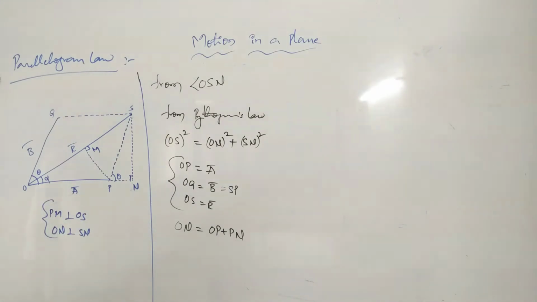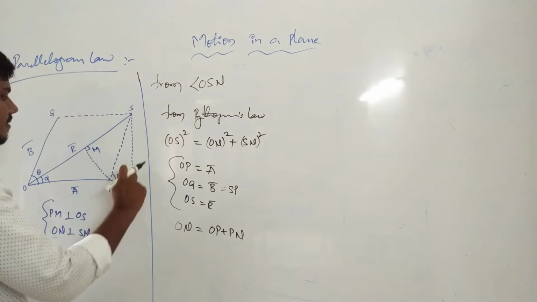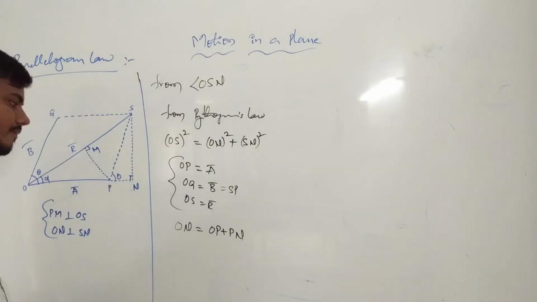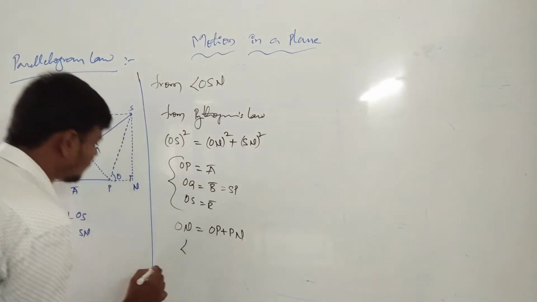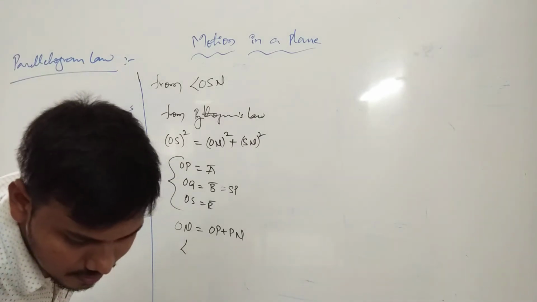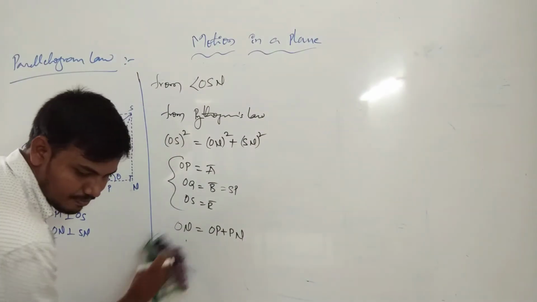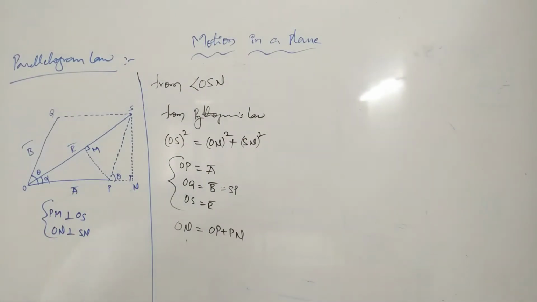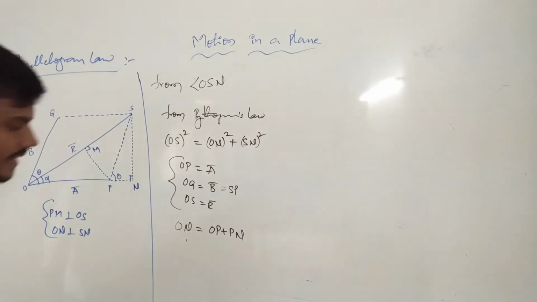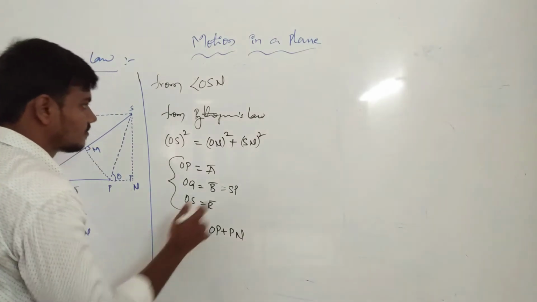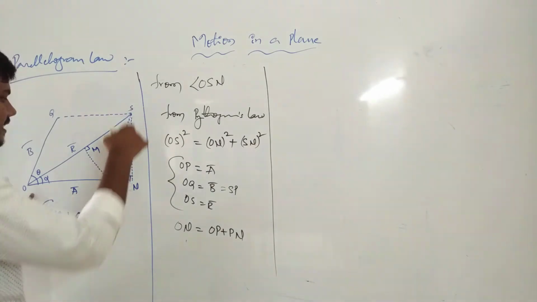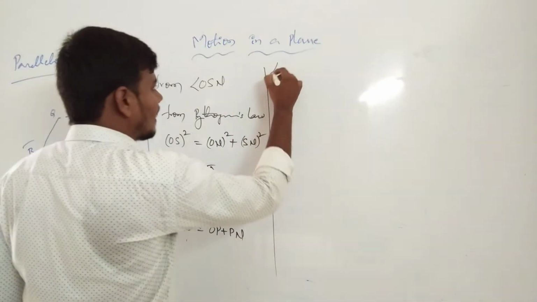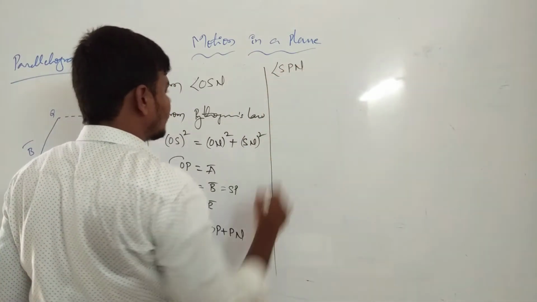From the triangle, theta represents the angle of SPN. Clear?